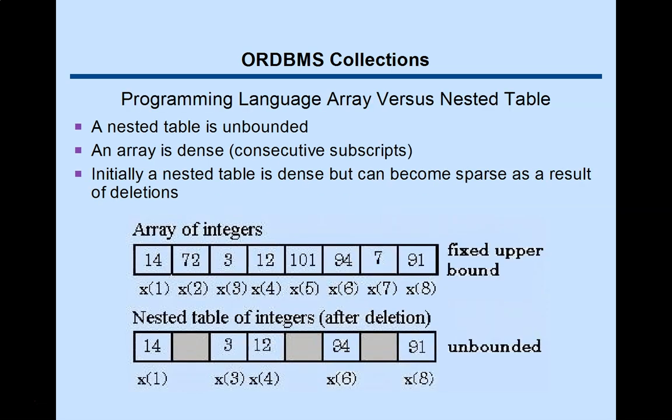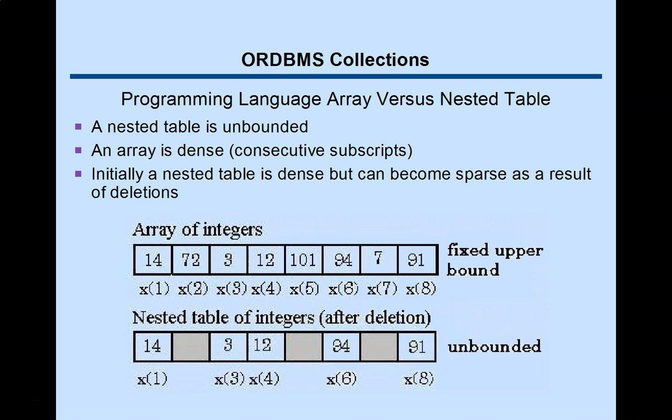Let's consider a programming language array and compare and contrast that with a nested table. First, a nested table is unbounded. We don't have a limit on its capacity. An array is dense. It has consecutive subscripts.